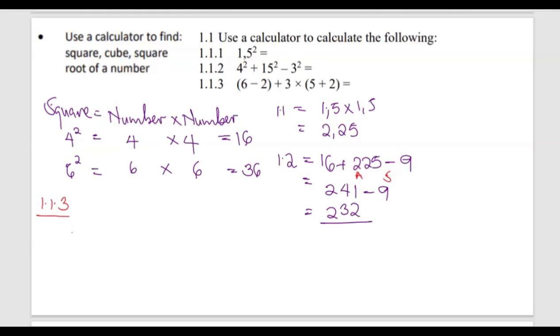I'm looking at 1.3, so it becomes 4 plus 3 times another bracket. Get the answer from that. So I've removed the brackets now. So BODMAS says multiply before addition. So you're going to multiply first before you add. So it's 4 plus 21. And your answer becomes 25.